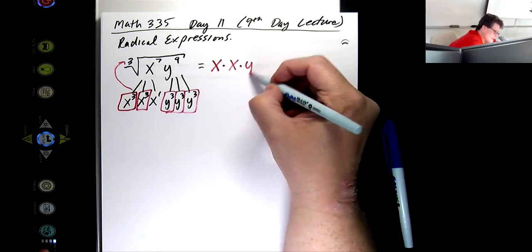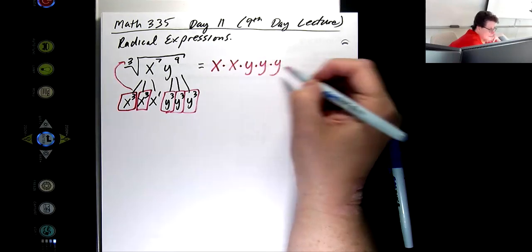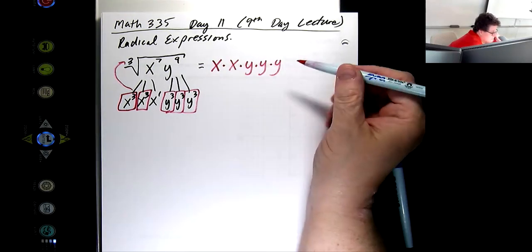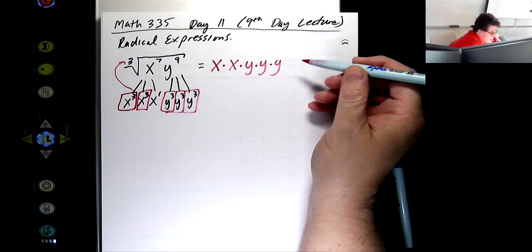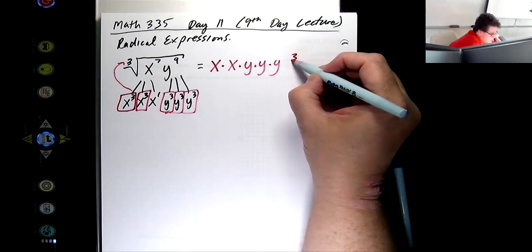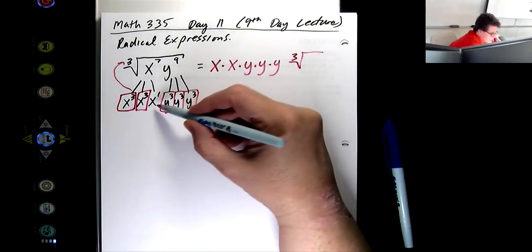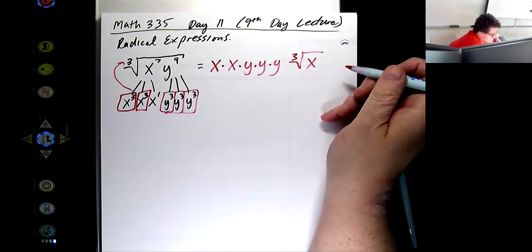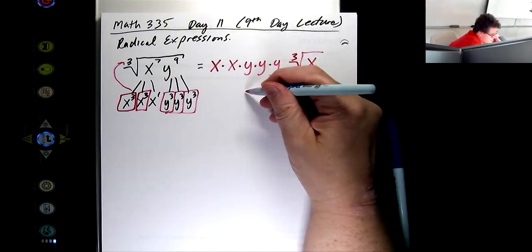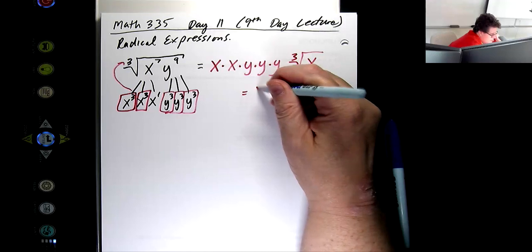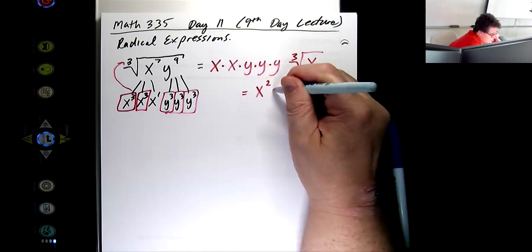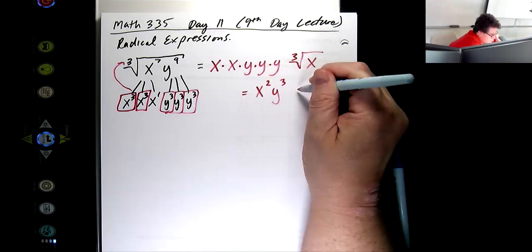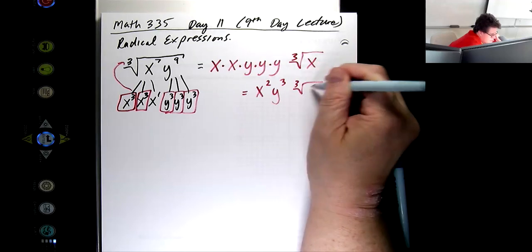So those can each come out, but only with a single exponent. And we still have cube root of whatever is left in the box, x. And so I will rewrite this as x squared y cubed cube root of x.